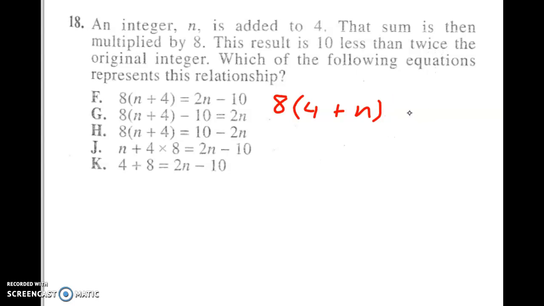So it's going to be 10 less than, so we have to minus 10, then twice the original number. So twice the original number would just be 2 times n. So this result is equal to that, because this result is 10 less than twice the number. So we would have an equal sign there. And that would give you statement G.